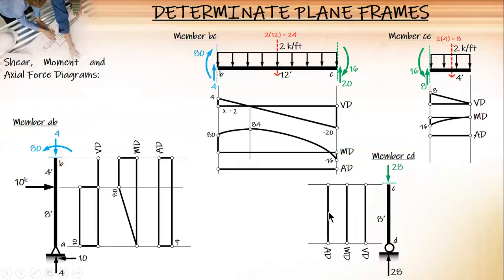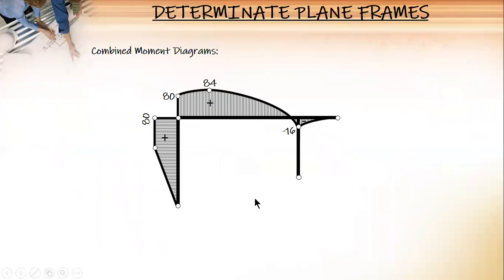Axial ra. So, negative siya, compression. And then last is combined moment diagram. This one, this one, and then mao na siya. Okay.